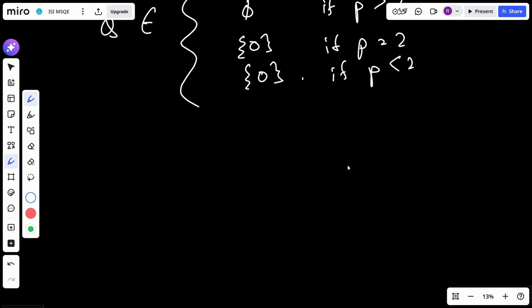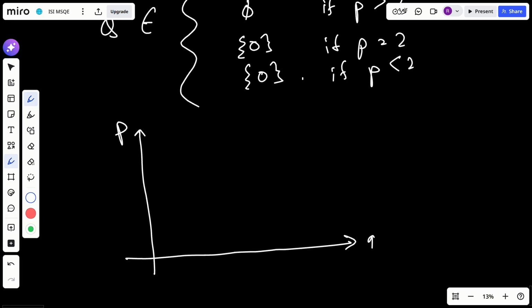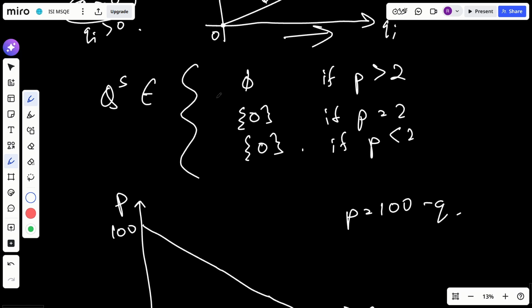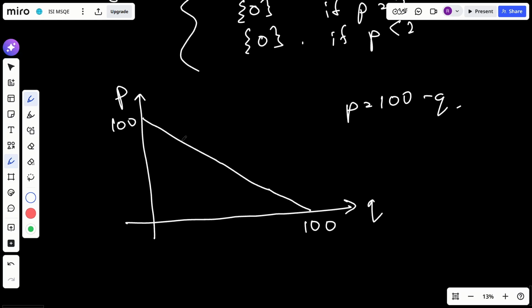Now I will draw my market demand and market supply functions. This is the market demand function, P equals 100 minus Q. Now what is the market supply function?